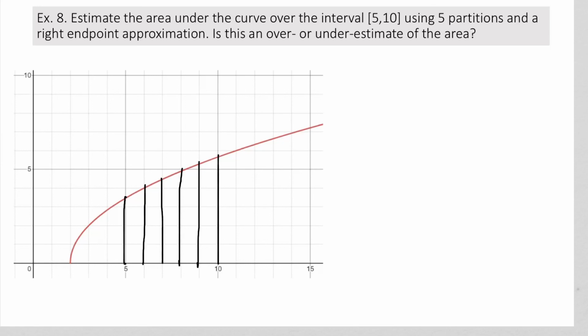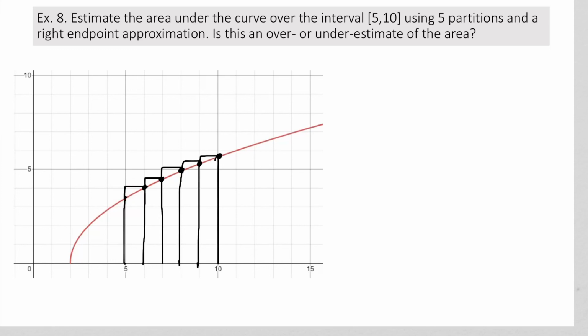And then we're going to use a right endpoint approximation. All right, so I'm going to get my f of x from these points right here on the curve. I'm not going to be using the first point here.